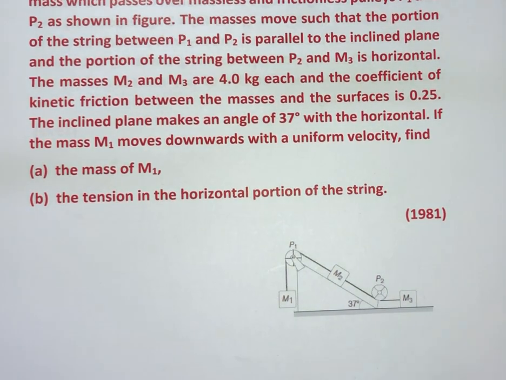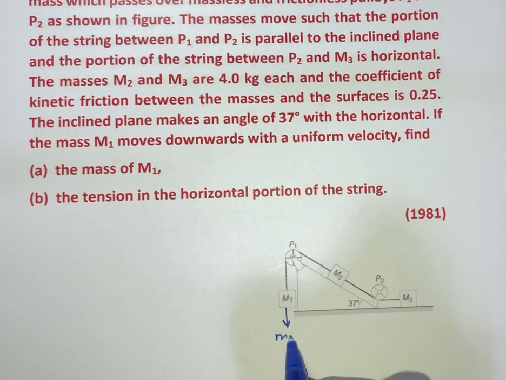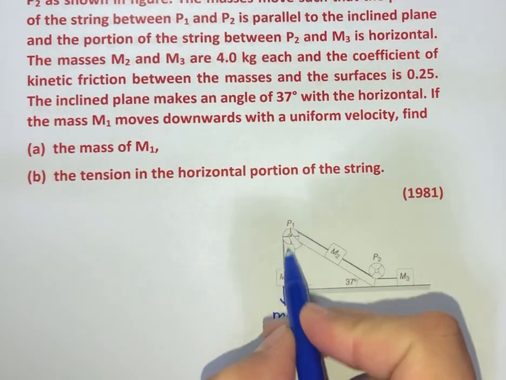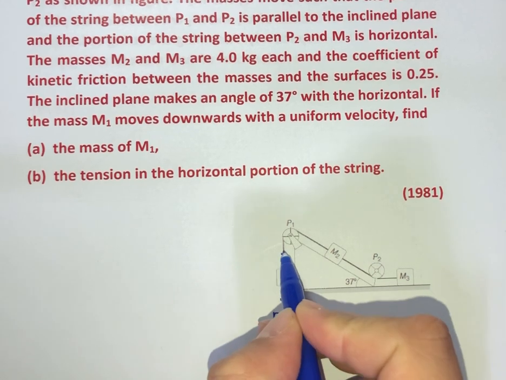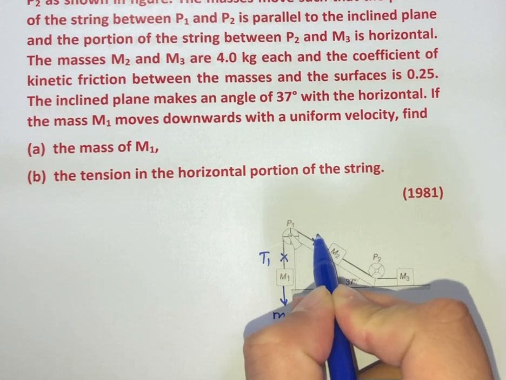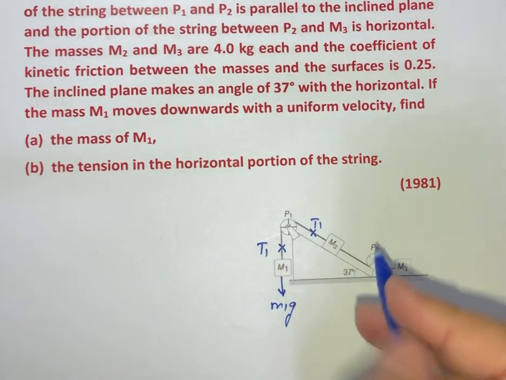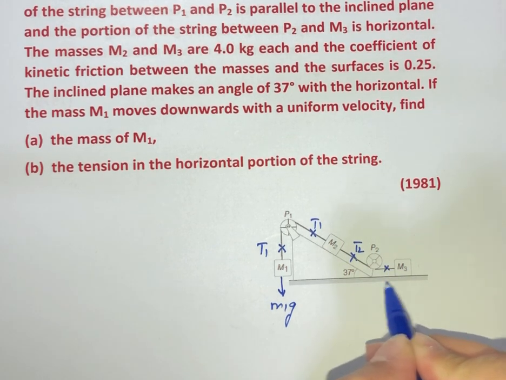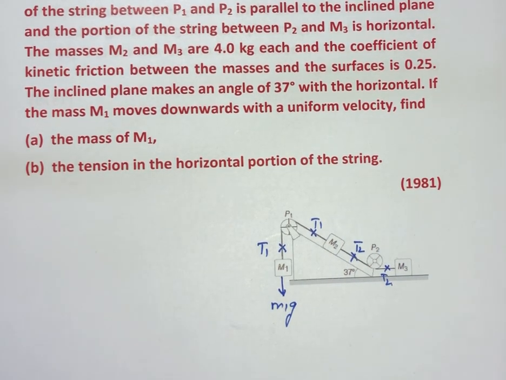So let us draw all the relevant forces. m1g will be acting in the downward direction, and let us suppose there is a tension of T1 here, and there will be tension of T1 here also, and here let us suppose the tension is T2, and here also it will be T2.